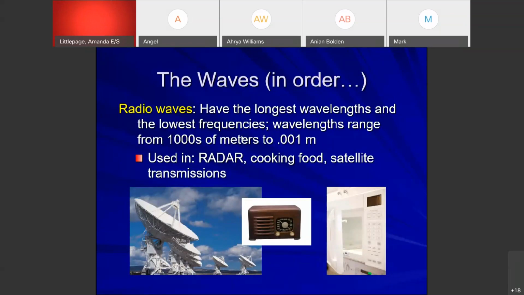In terms of the EM spectrum, it goes radio waves, then microwave, then infrared. This presentation just combined those. See right here, there's a little microwave. That's where cooking food comes from, because we use microwaves to heat and cook food.